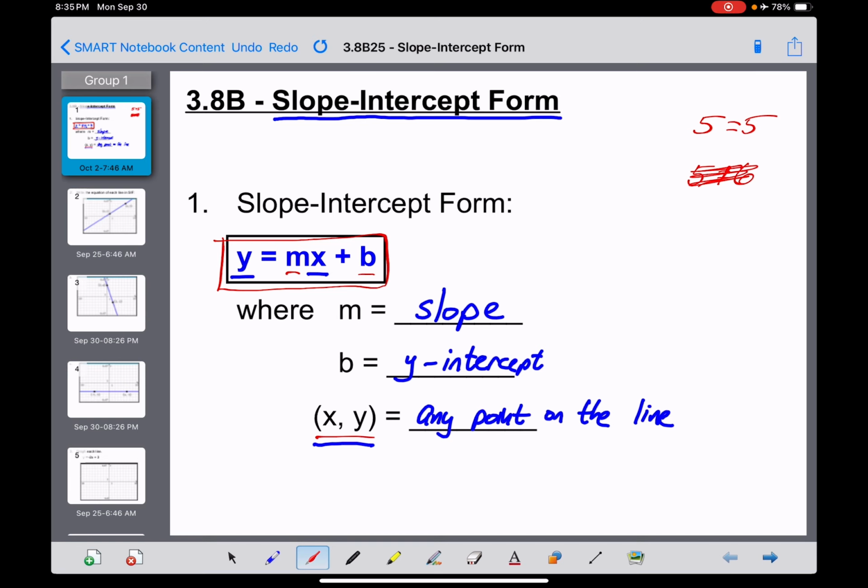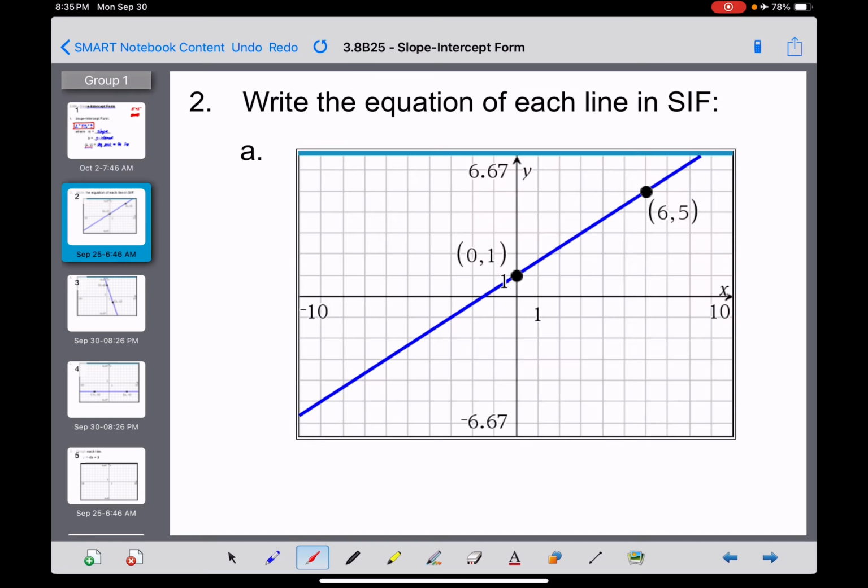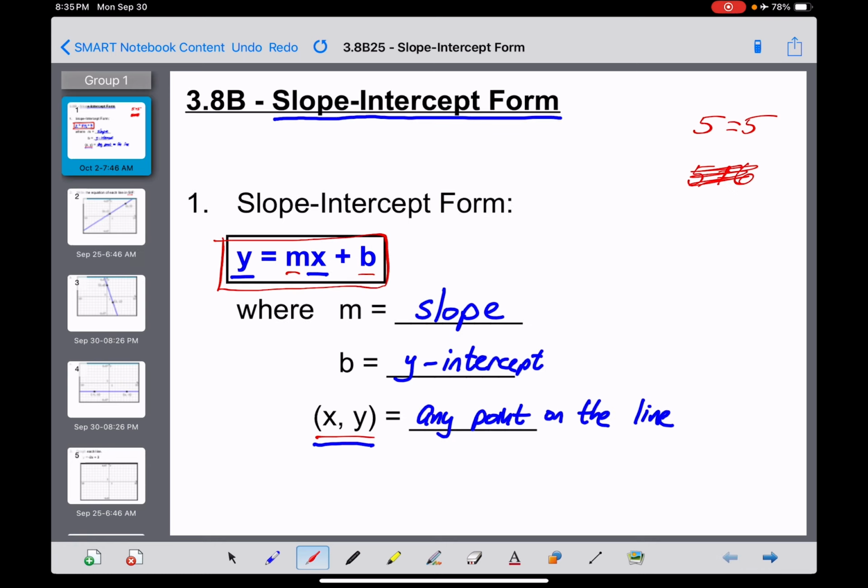So let's see slope-intercept form in action, guys. The first thing we're going to do is give you three problems where you've been given a graph and you're asked to come up with the equation of that line in SIF, the abbreviation we'll use a lot for slope-intercept form. I really want you to pay attention to the words in the name of this form.